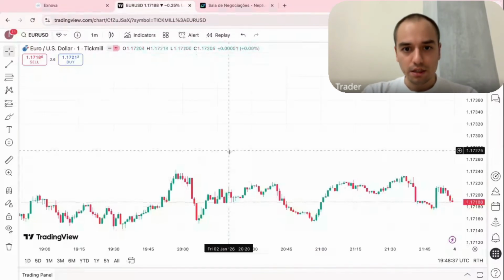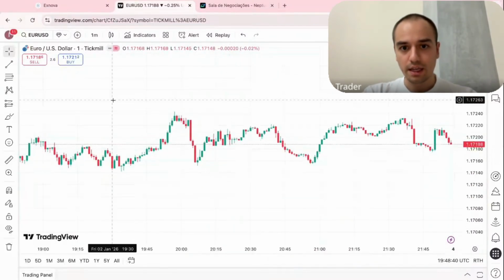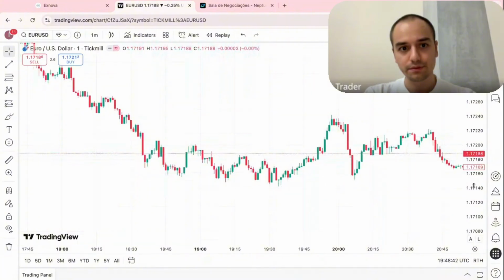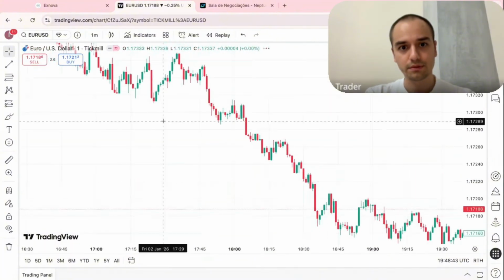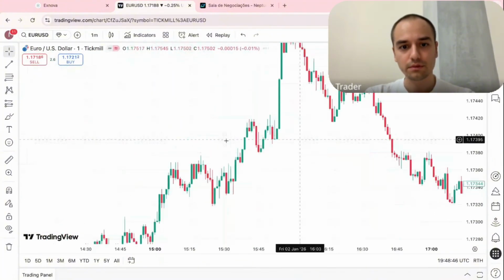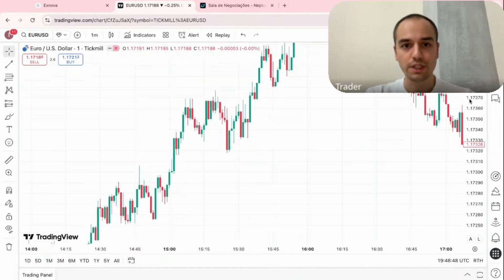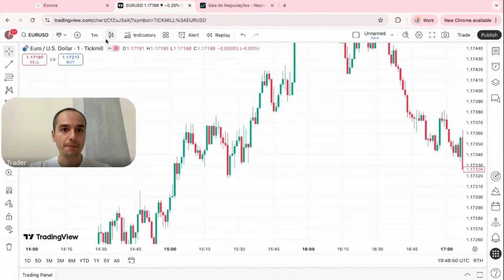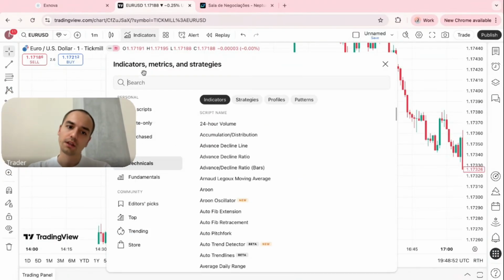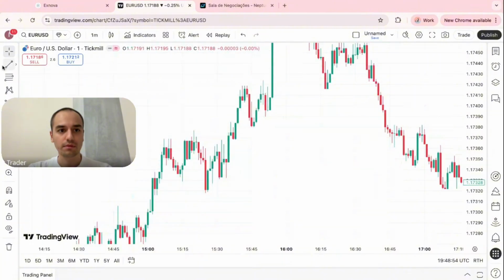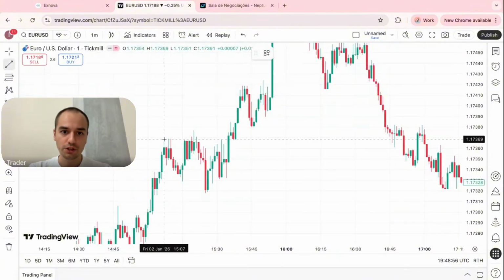Let's get on the graph. So let's say here, on the graph, we would see the key positions.